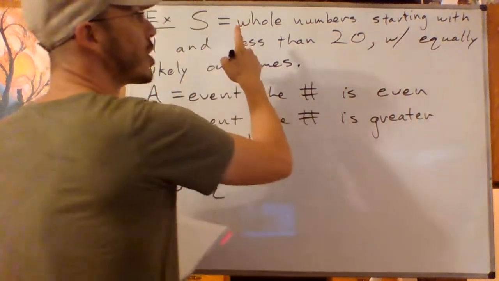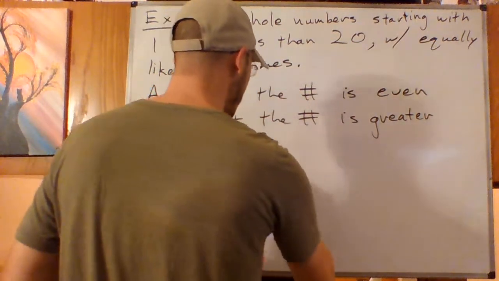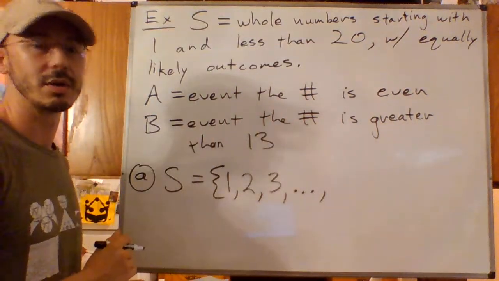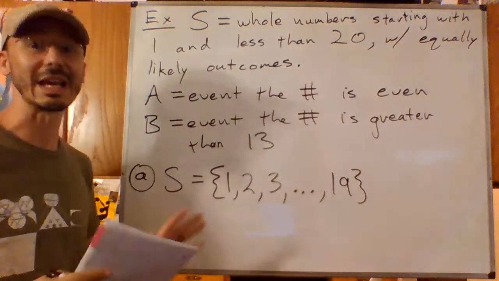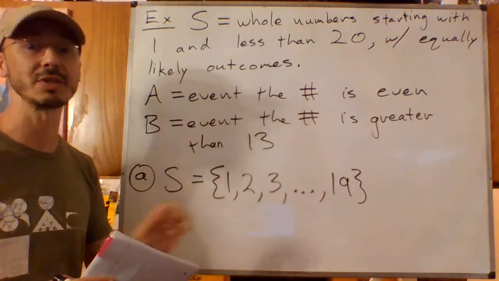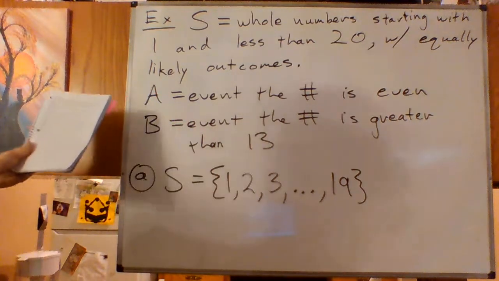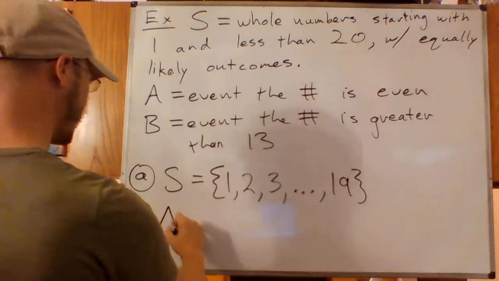The numbers starting with 1 and less than 20, that's 1, 2, 3, all the way up to 19. So less than 20, not less than or equal to 20. So we're only going up to 19 with those whole numbers.